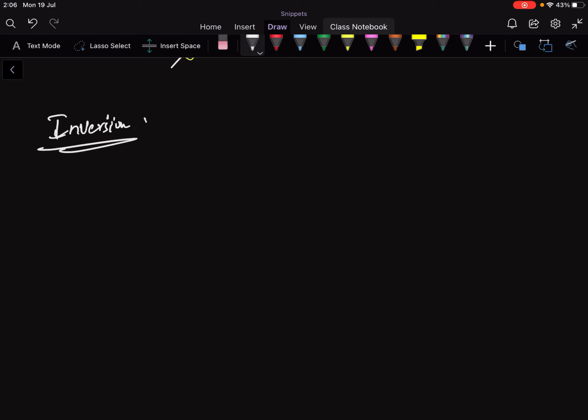What is meant by an inversion? Suppose this is the chromosome, this is the short arm, and here is the long arm, and this long arm is having 2 points. One is the pink one and one is the yellow one. So what is happening in this inversion? As the name suggests, there is inversion.